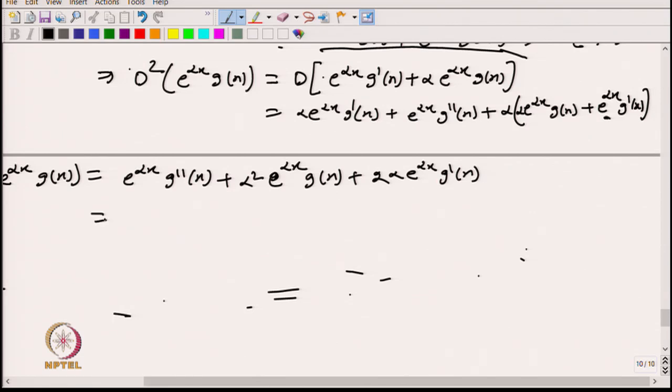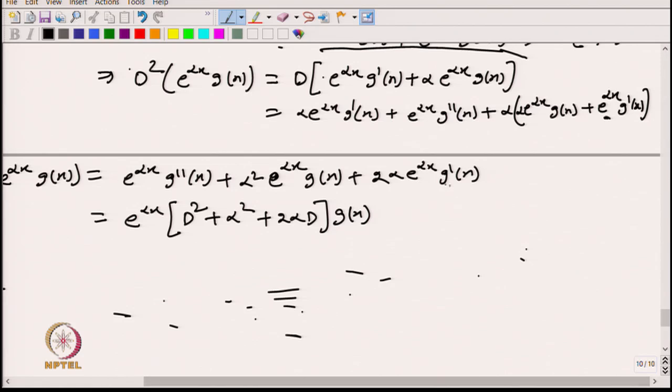Now, from here what I do is that I take e raised to power alpha x common, and from inside I take d square from here, alpha square from here, plus 2 times alpha d. I operate this on g x, because operating this function on g x gives the second derivative, alpha square g x is the same, and 2 alpha g dash x.